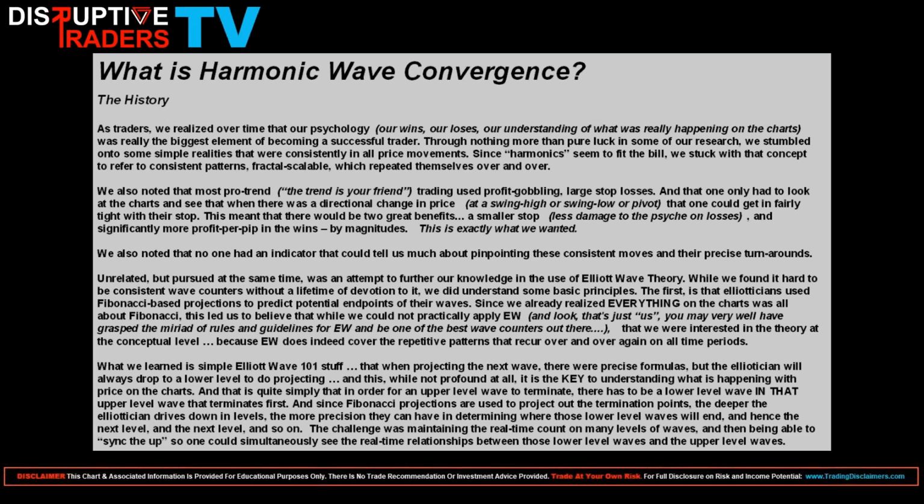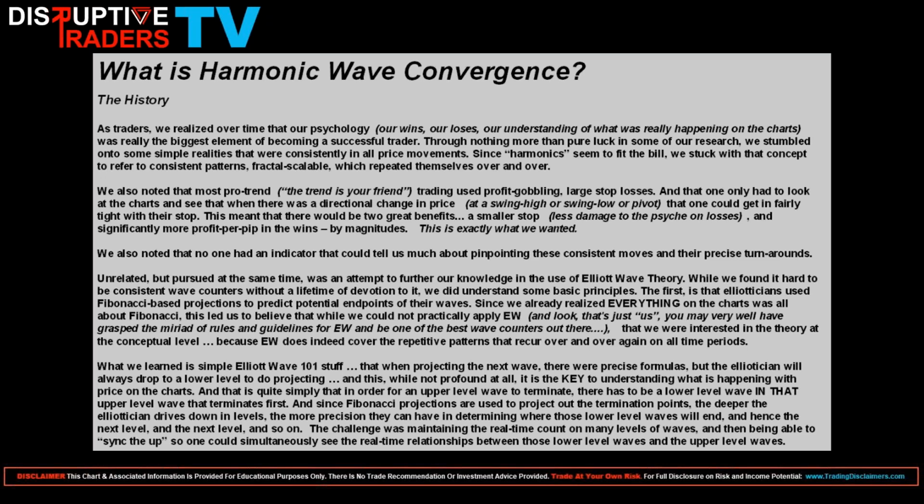We also noted that no one had an indicator that could tell us much about pinpointing these consistent moves and their precise turnarounds. Unrelated, but pursued at the same time, was an attempt to further our knowledge of Elliott wave theory. While we found it hard to be consistent wave counters without a lifetime of devotion to it, we did understand some basic principles.